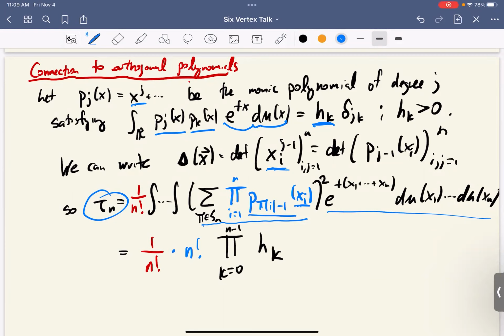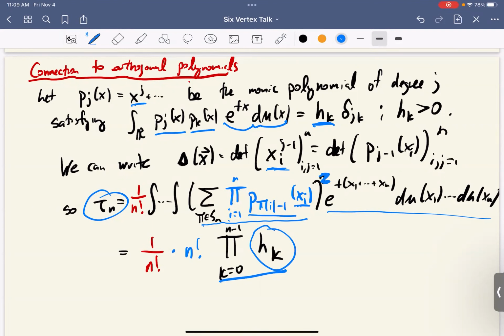So each time I hit the diagonal term when I multiply out this big square of n factorial terms, I get the product of these normalizing constants, hk, and I'll get n factorial of them because there are n factorial terms in our big sum.